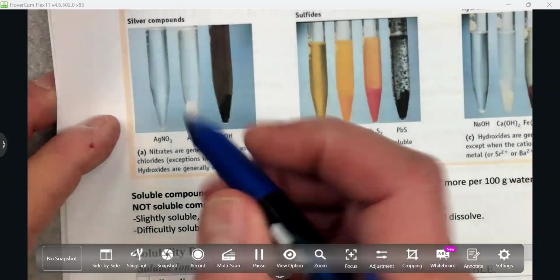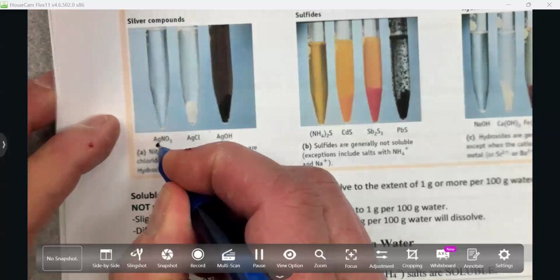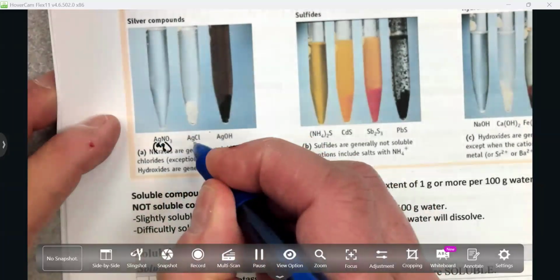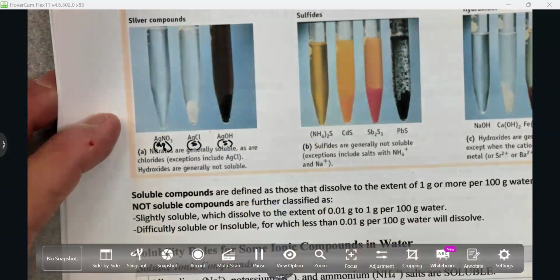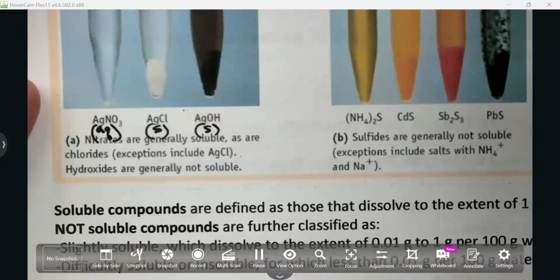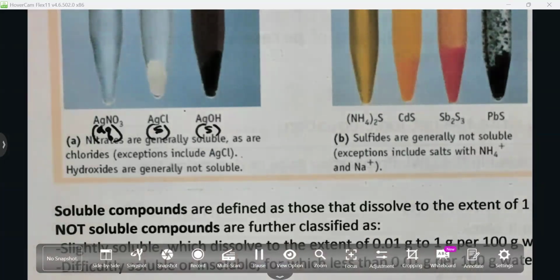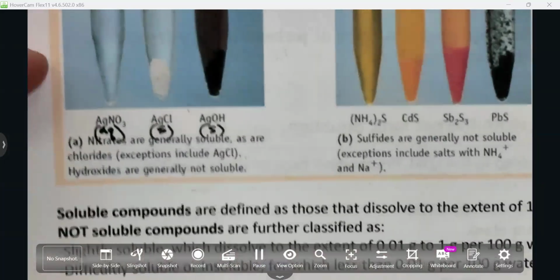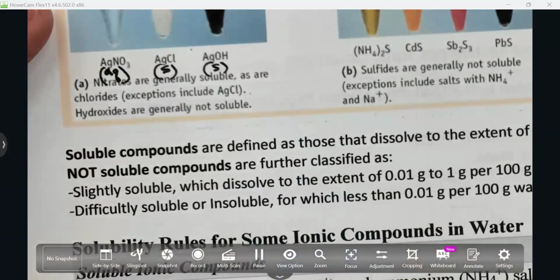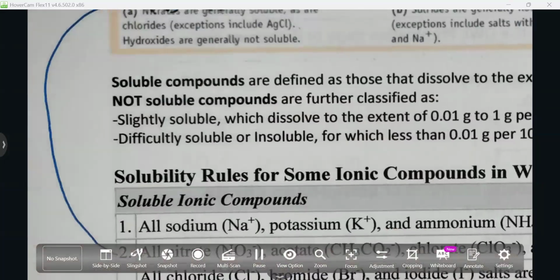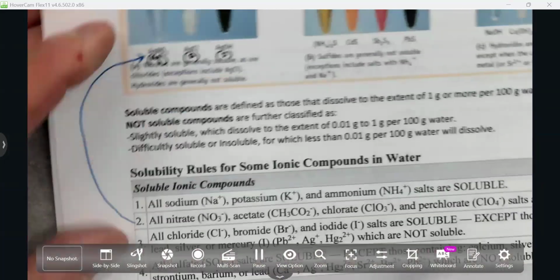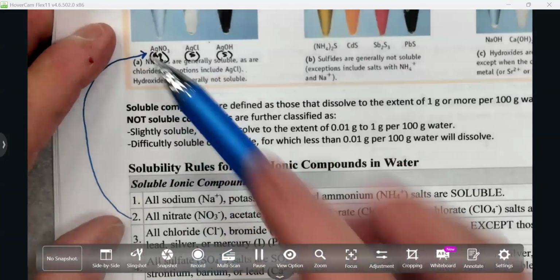So here, this aqueous, solid, right? So if you go to the solubility rules, this one says that all of our nitrates are soluble.